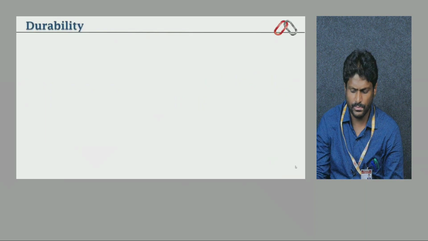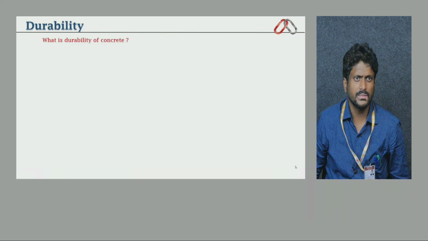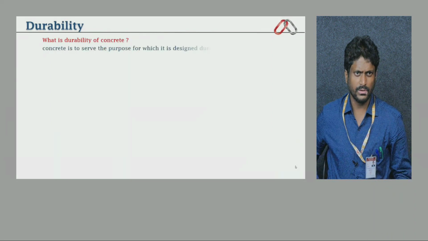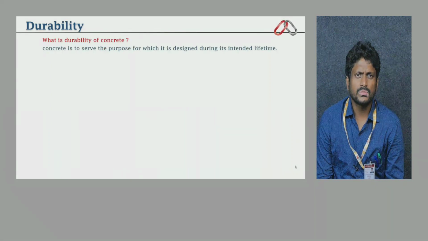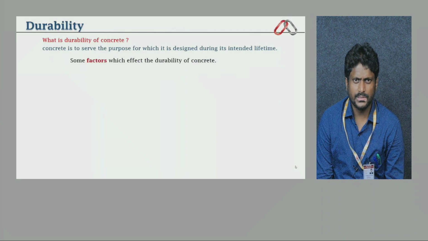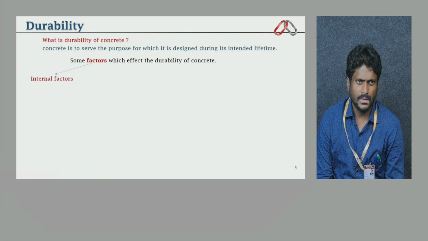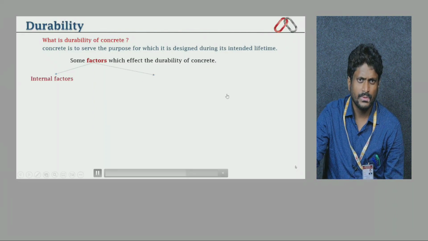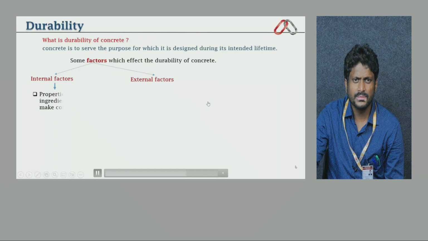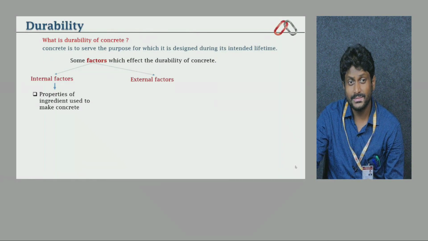Then the next very important property of concrete is durability. What is durability of concrete? Concrete is to serve the purpose for which it is designed during its intended lifetime. Some factors affect the durability of concrete. There are internal factors, and of course external factors. What could be the internal factors?